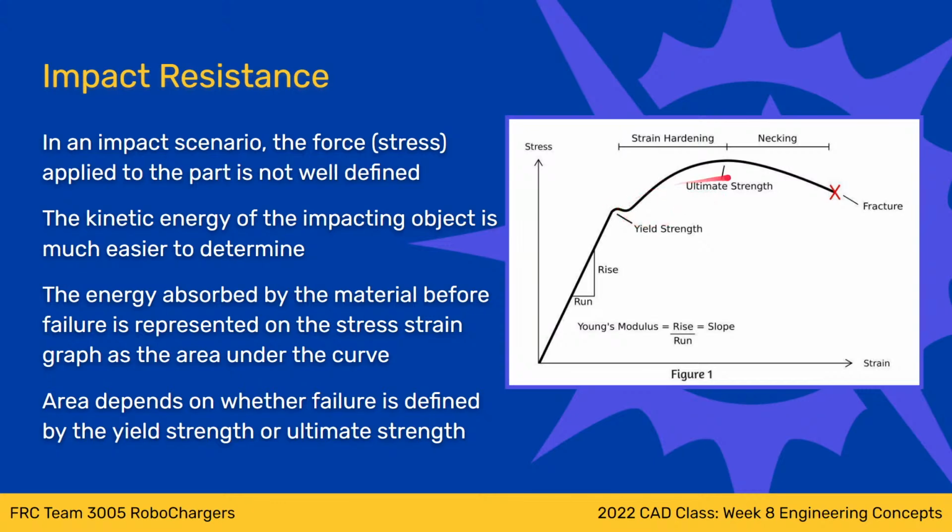And because the curve flattens off, you essentially get a lot of area before you reach the ultimate strength, and this area represents a lot of energy absorption. So from this graph, you can see that materials are able to absorb a very significant amount of energy in their plastic deformation region compared to their elastic region.